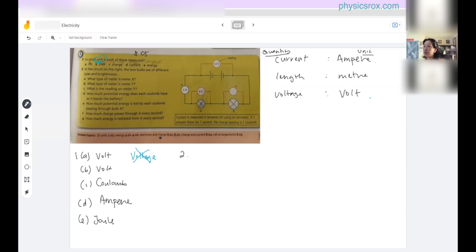Question 2A. I think some of you didn't understand the question as well. What type of meter is meter X? What do they mean here by what type of meter? Because in physics, the word meter means a measuring device.